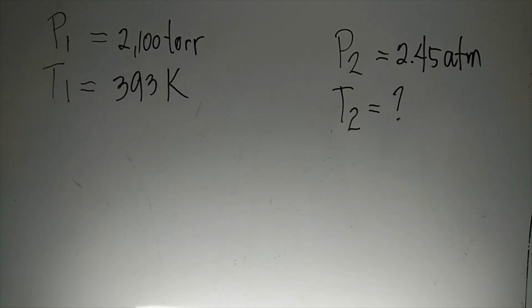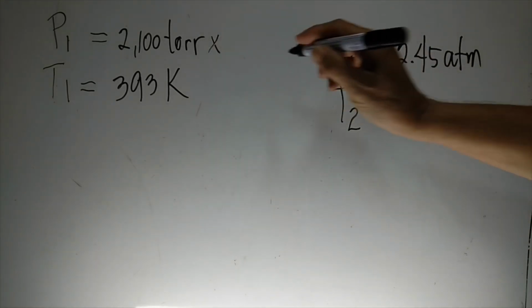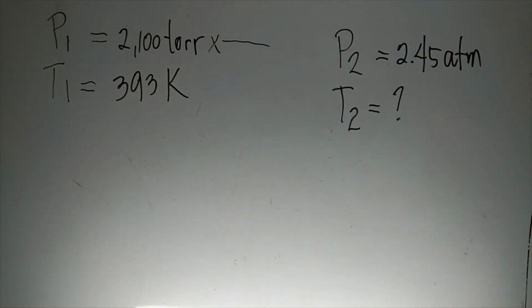For the temperature, it's already expressed in Kelvin, so no need to convert. But the units for pressure should be the same. So I would like to express all the units of pressure in atmosphere, and I want you to do it at home, expressing all the units of pressure in torr, and I'll assure you, you will get the same answer. So I'll be using the factor label method.